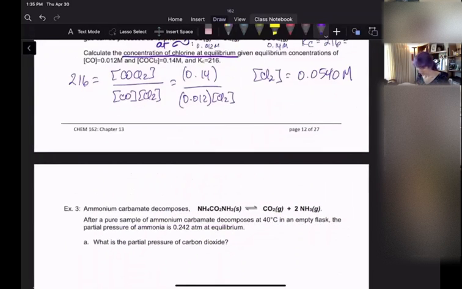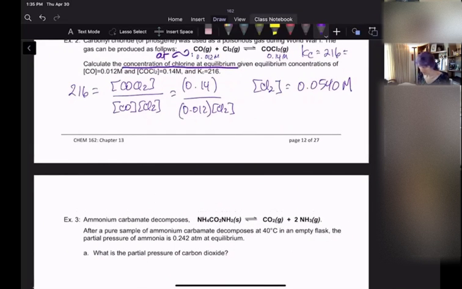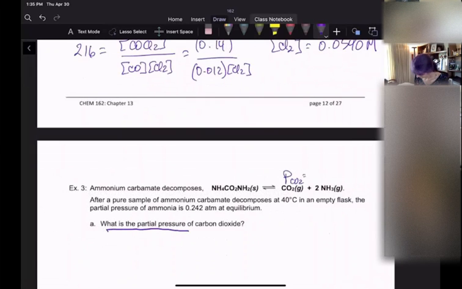Okay, here's another one. This one is like a Kp, right? We're going to need the Kp because we're looking for the partial pressure of CO2. That's what we're looking for. Notice that we are not given that initial amount.